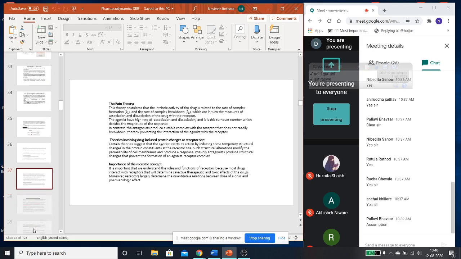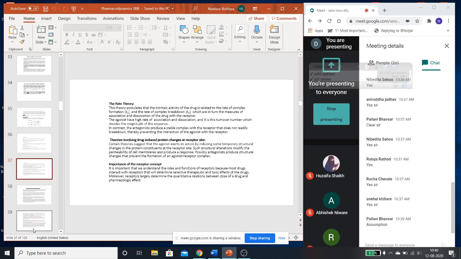is called the rate theory, and it postulates that it is dynamic. The car model is easy to explain, but it is not that easy, because actually at the receptor side it is not like the person is sitting for a long time. There is a constant association and dissociation going on. So if the rate of association is higher, then the effect will be higher.